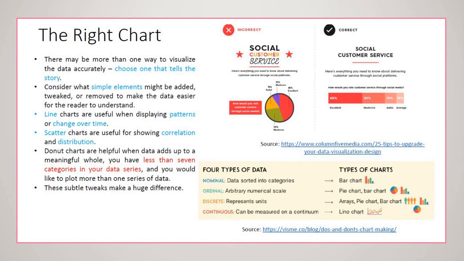Okay, so it is better than you use pie chart with different colors for different level, excellent, average. Okay, those are the same category. Excellent semua tu maksudnya customer service punya level.